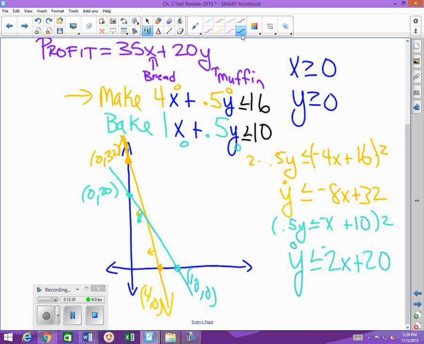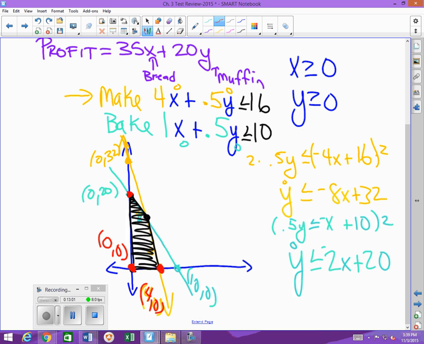So our region that we have is there to there, up to there, up to there, and then down. So we're shading all of that. So any of these values would fit the constraints. This coordinate is 0, 0. That coordinate is 4, 0.